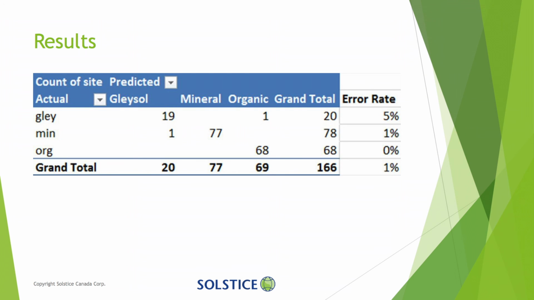If we want to compare what was predicted at a site versus what was actually measured, the results came out better than I expected. We only had one mineral site misclassified, and all of the organic soils were classified correctly. The glacials did really well too, and I was thinking about why, considering the internal error was so high.